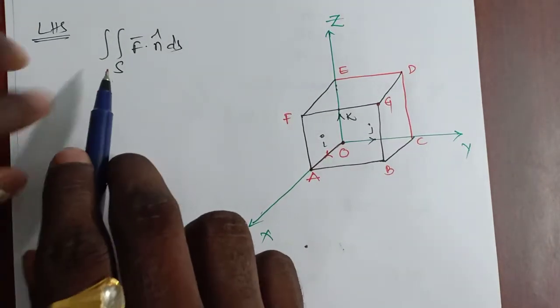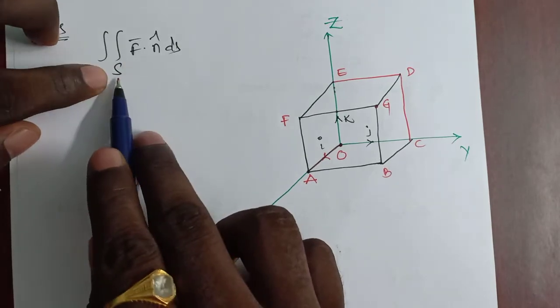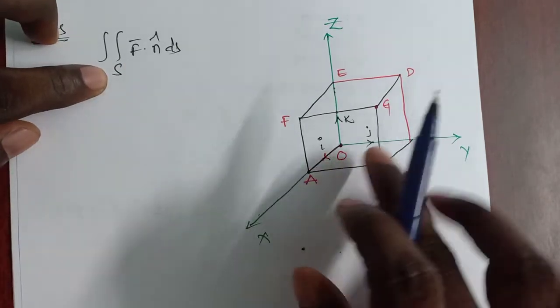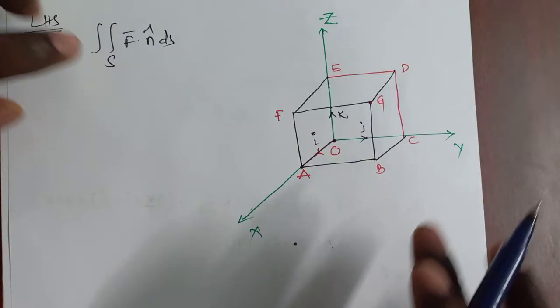If you want to double integrate over the surface S, we need to integrate using all these 6 surfaces.